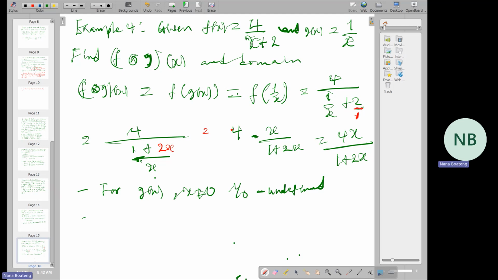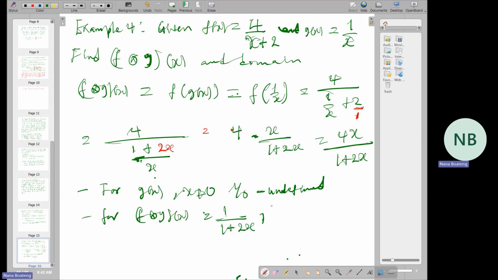And for f of g of x, we have 1 divided by 1 plus 2x. If x is equal to negative 1/2, then the denominator will be 0.